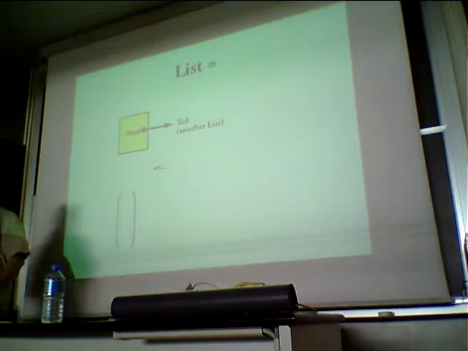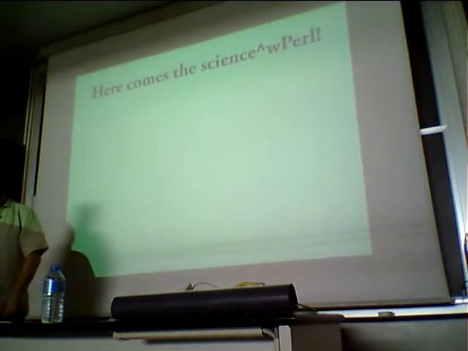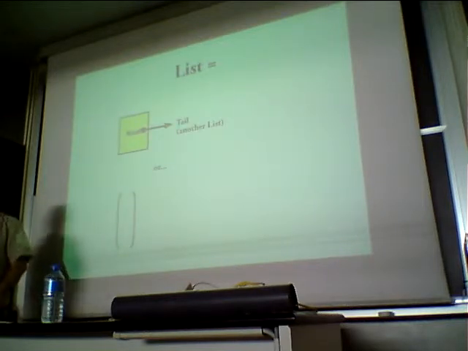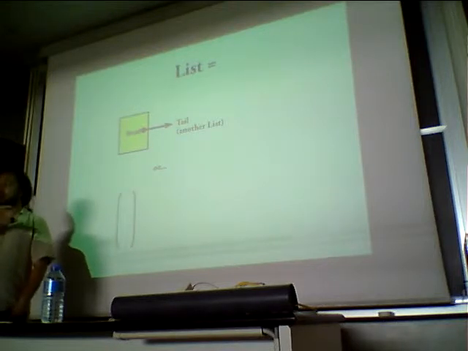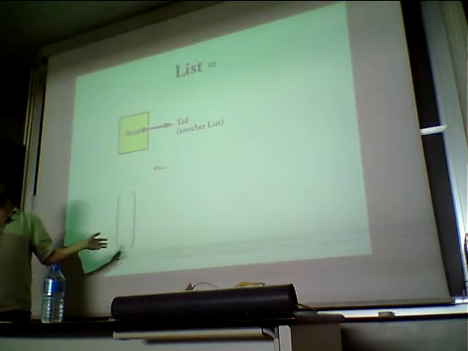So finally, a little bit of Perl. If we look at that, we've got basically two types of lists. So if we're thinking about how to code this in an object-oriented way, we might think about classes, an abstract base class of list, and it has two types, a normal list and an empty list.